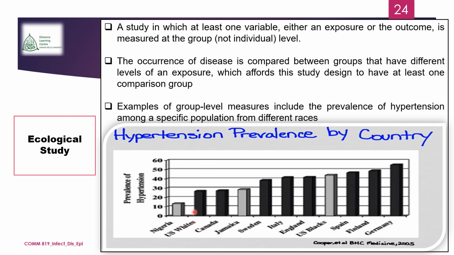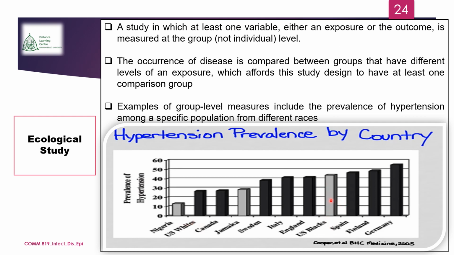Okay, and this is one of the favorite case studies or examples of ecological study, where they try to associate hypertension prevalence by different countries. The hypothesis was that the prevalence of hypertension was higher in black races than white, and this was postulated I think in the US.